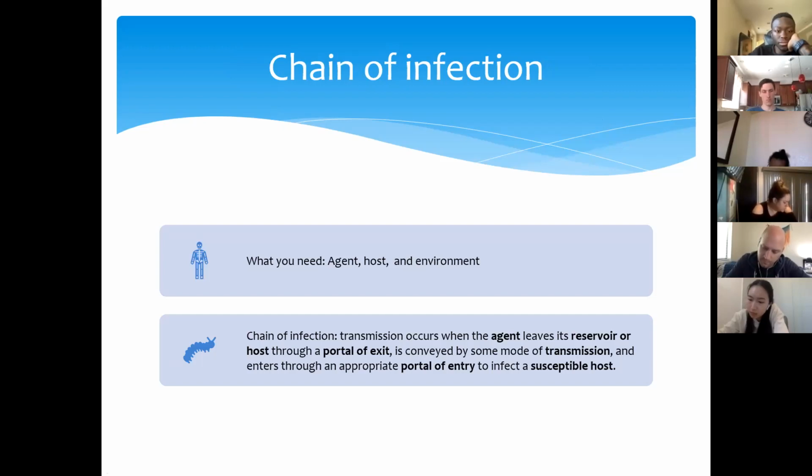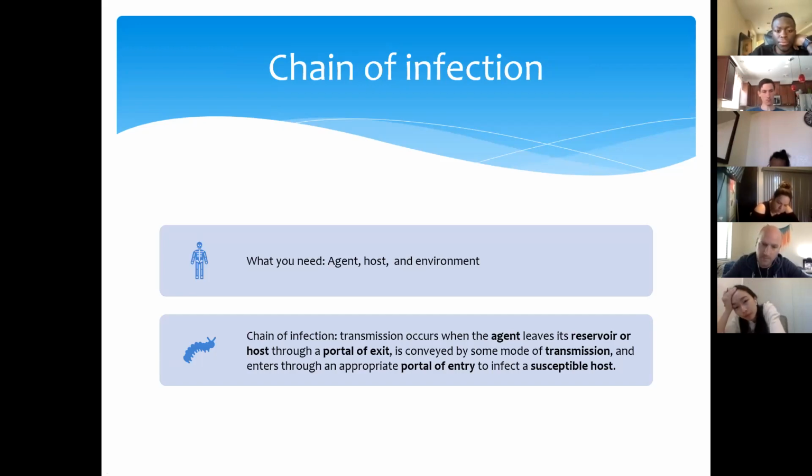So transmission occurs when the agent leaves the reservoir or the host. It leaves one area where it's sitting dormant or latent, and then goes through an exit through a mode of transmission. Respiratory droplets, for example, would be a mode of transmission, or picking it up off a hard surface, getting it on your skin and touching your face.